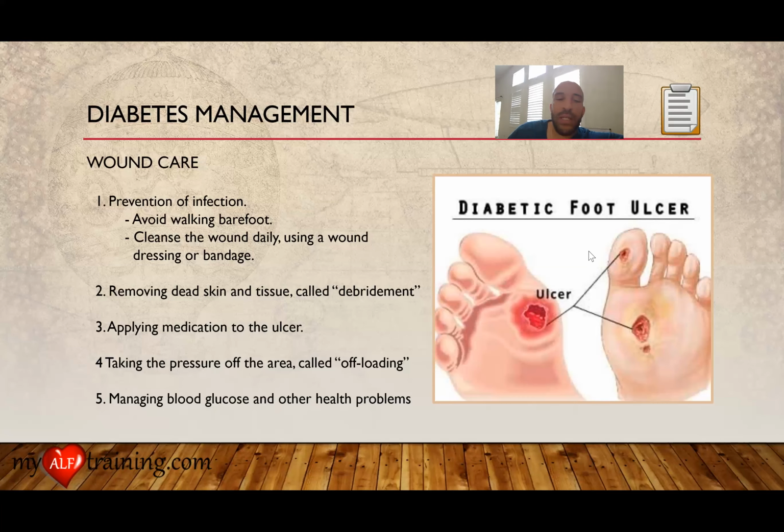So we know that if all these microvascular problems are causing a decreased blood flow or causing the body to work harder, then our goal should be to manage the blood glucose better, so it decreases those microvascular issues, which are decreasing blood flow just a bit. So more blood flow and oxygen can get to the extremities, like the patient's foot, and help the tissue to heal. So those are our 5 most important things to remember under wound care for patients with a diabetic foot ulcer.